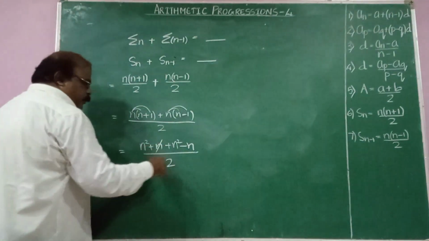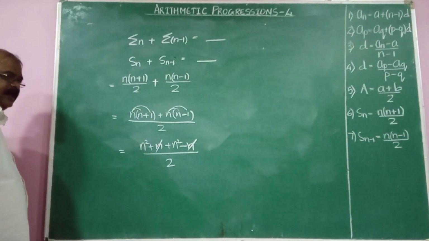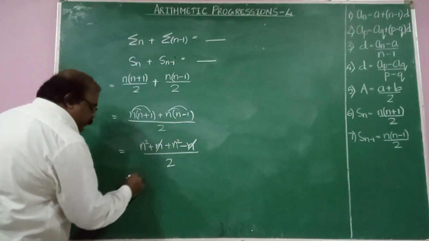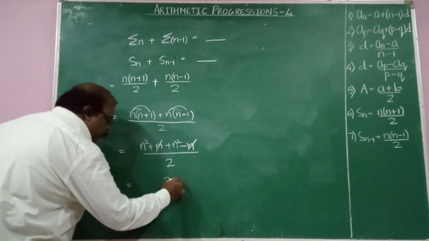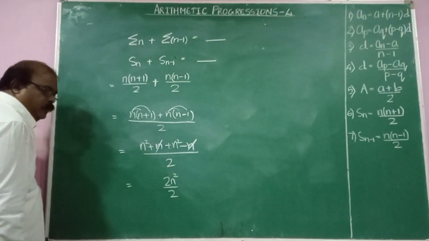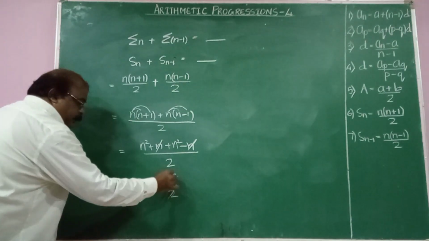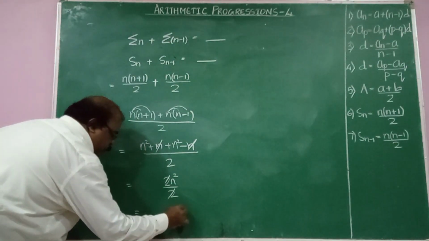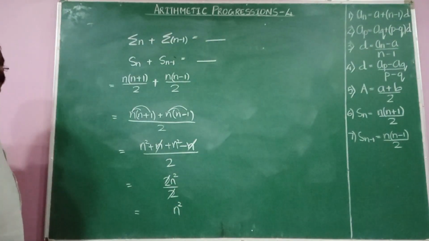What happens? Plus n, minus n, cancel. So 1n square plus 1n square is 2n square upon 2. So this 2 and this 2 cancel. What's your answer? N square.